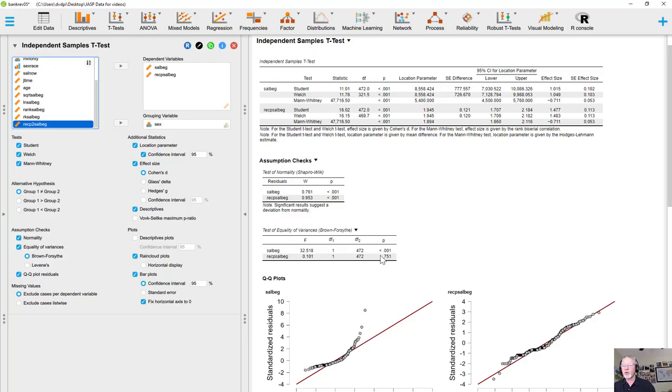This is a test of the equality of variances, and when we do a reciprocal transformation, which you might have thought was just to make the data more normal, and it was, typically when you solve the problem of the data being non-normal, you also end up solving the problem of equality of variances. And that is exactly what's happened. In fact, we did a better job of solving the equality of variance problem than we did the others.